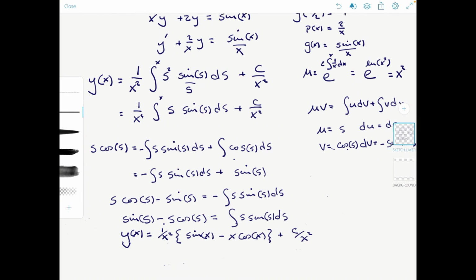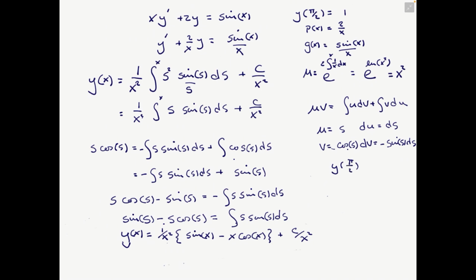All right, so the initial condition again was given as y of pi on 2 equals 1. So then we have 1 equals 4 on pi squared times 1 minus 0 plus 4 on pi squared c, and we can pull that out.